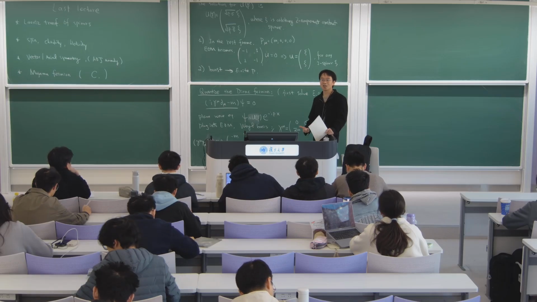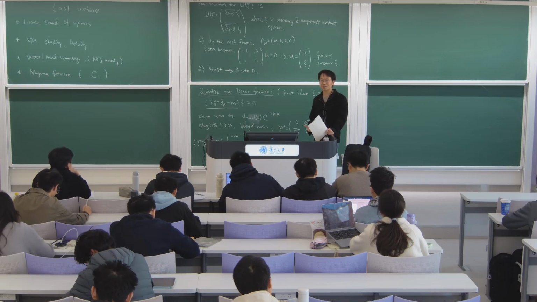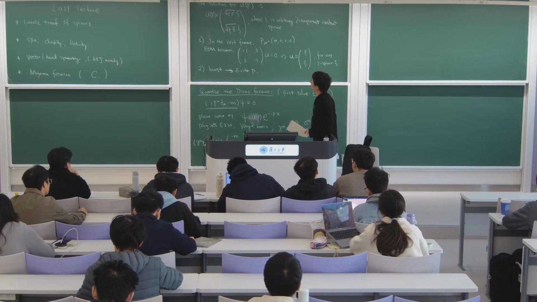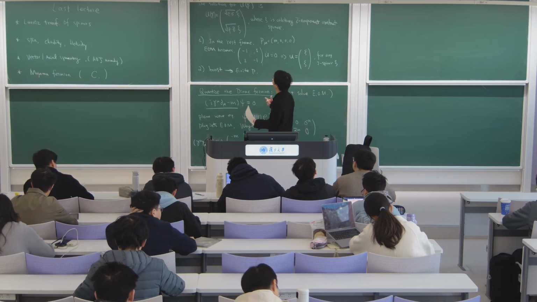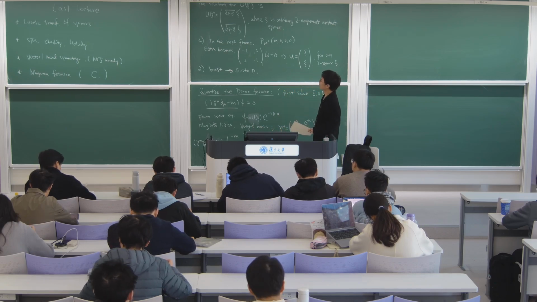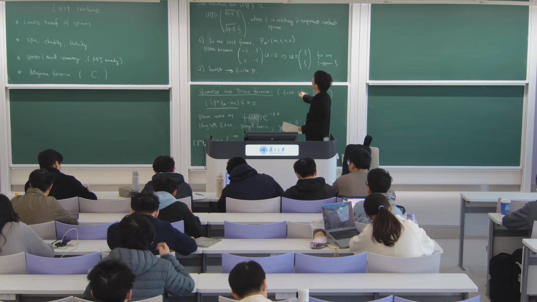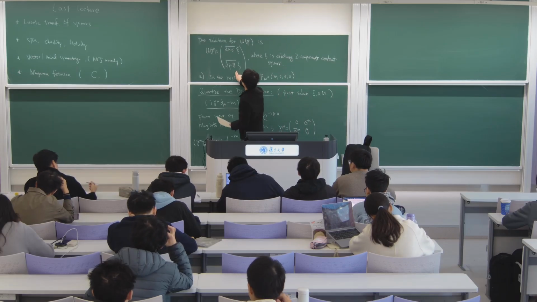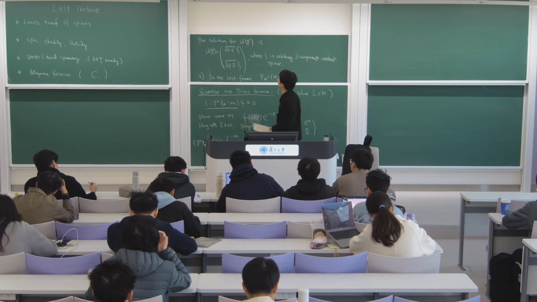Then you boost to a general frame and you get the solution for finite P. That's one way. Of course, there are alternative ways, for example using some trick to find the solutions. But in the end you come to the same answer, which looks like this.